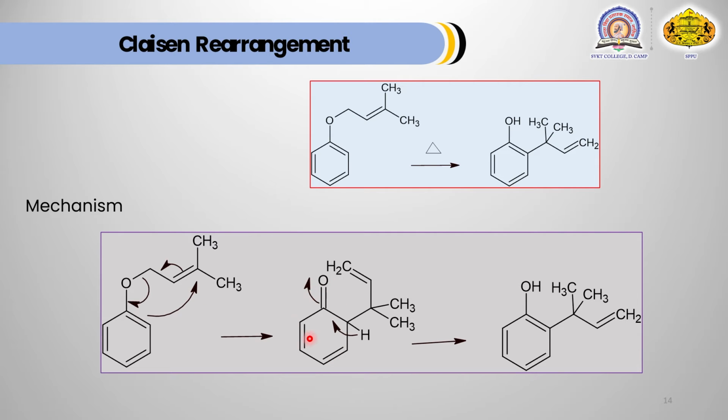This is the product which is obtained in this case. It is a gamma, delta unsaturated carbonyl compound that is formed as a product. Now we can write its tautomer by movement of this hydrogen from this place to this place, and this is the tautomer of this; it is the alcohol, and it contains a C=C double bond also.